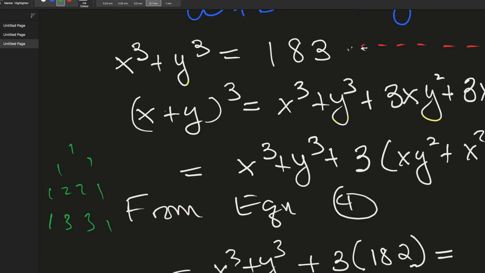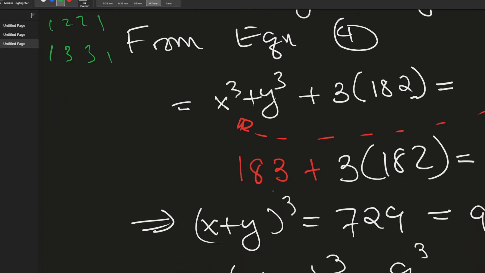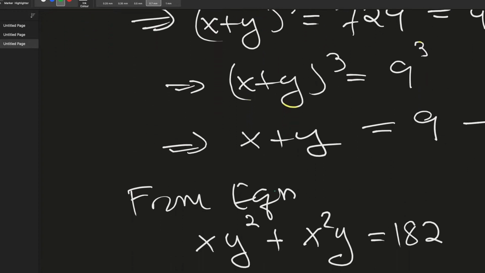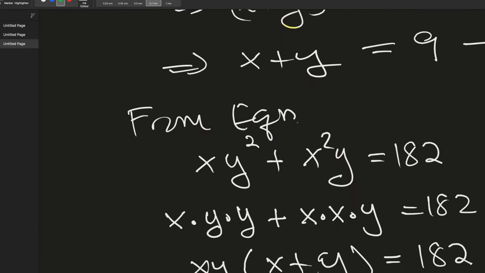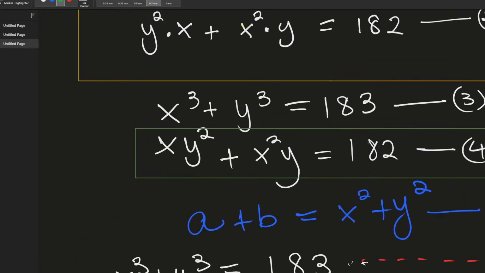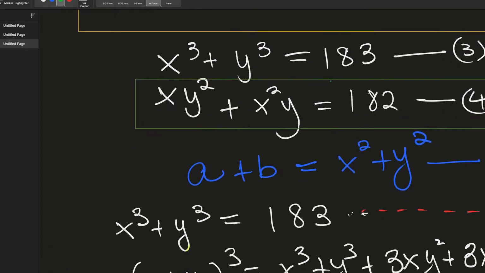Then we did further substitution from what we saw earlier. We saw that x cubed plus y cubed is always 182 plus that. Through that, we ended up having x plus y equals 9. From the equation, as you can see over here, xy squared plus x squared y, earlier we named it equation 4.